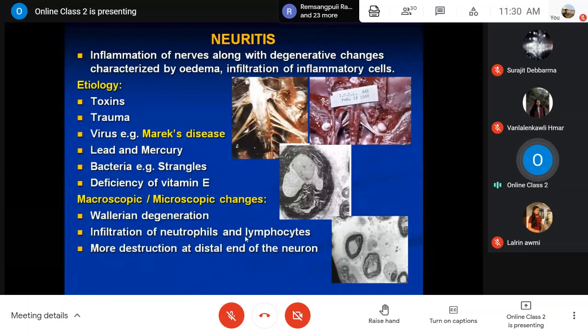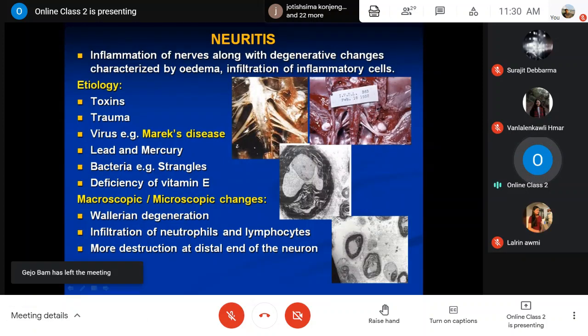It can be caused by toxins, traumatic injuries, viral infections, one of the most common being Marek disease virus in poultry birds, then lead and mercury poisoning, bacterial organisms like strangles, as well as deficiency of vitamin E. These are the common causes for neuritis.